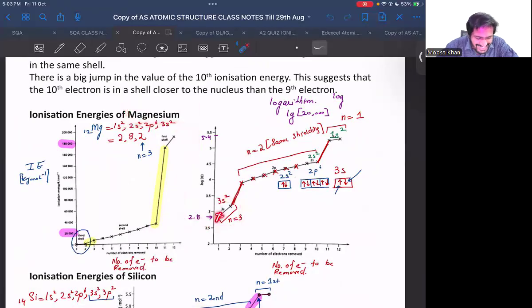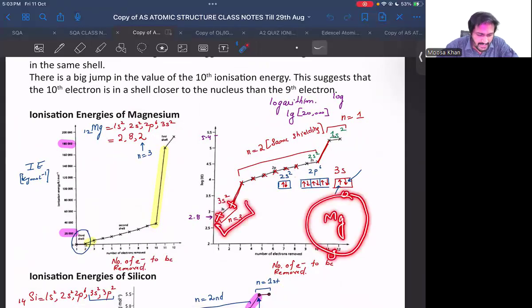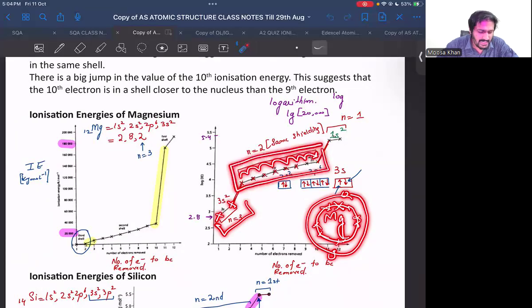So the first and the second ionization energy is basically for the electrons that are present in the valence shell. Once you have removed these 2 electrons, the third electron that you are going to remove would be in the inner shell. And this inner shell has 8 electrons. So there would be an increase in between these ionization energies, but all of these ionization energies would not show a big jump because they are being removed from the same shell and there is no change in the shielding effect.